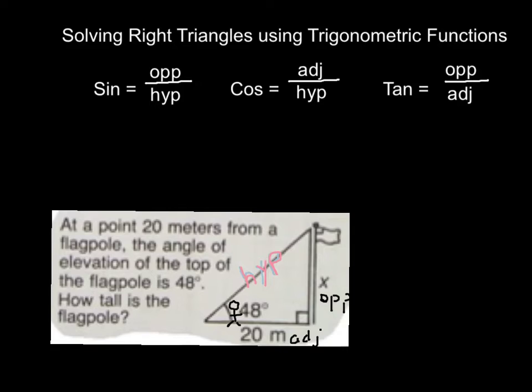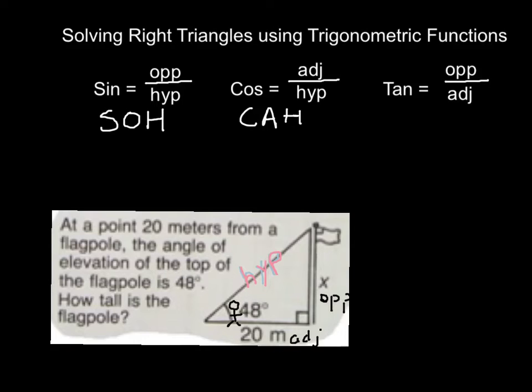So to solve this problem, I definitely need to use those sides. Okay, I also have to remember our trig functions above. So our trig function, sine is opposite over hypotenuse, cosine is the adjacent over hypotenuse, and tangent is opposite over adjacent. We use SOHCAHTOA to remember this, so I'll just put a little SOHCAHTOA. This is how I memorize it.